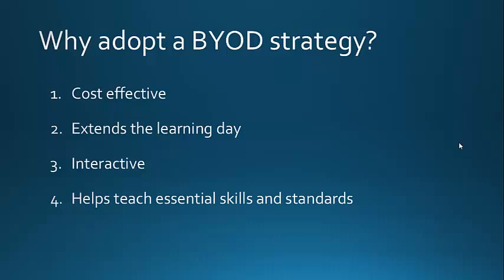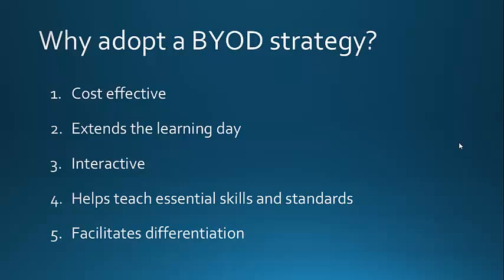These are all skills that technology can be used very effectively to address. Also, the BYOD policy, when used effectively, facilitates differentiation. Students are able to work together while differentiating for the needs of the different students, and these will all be addressed in this presentation.